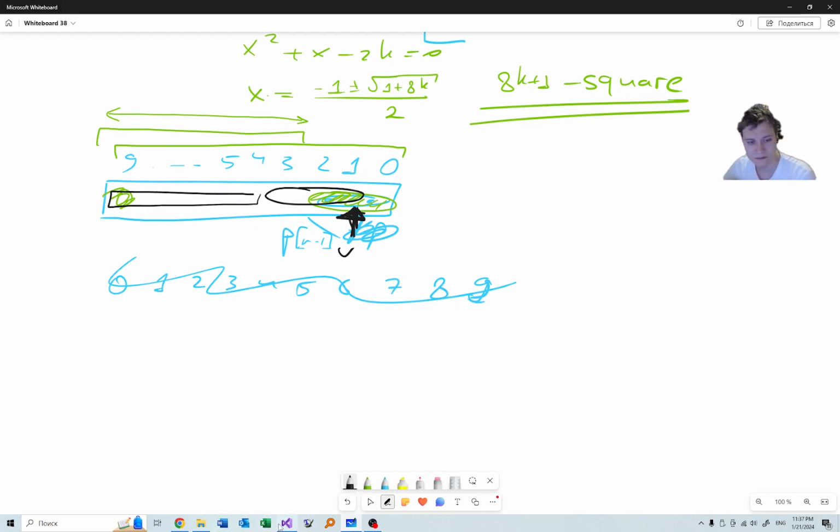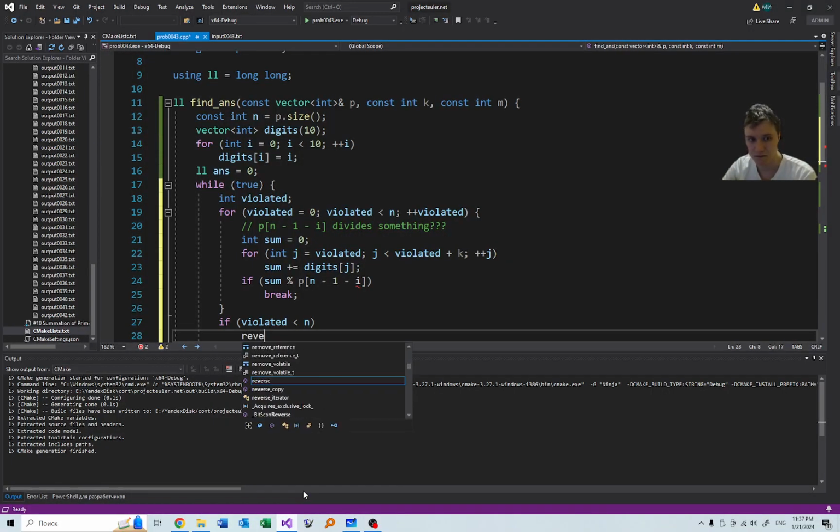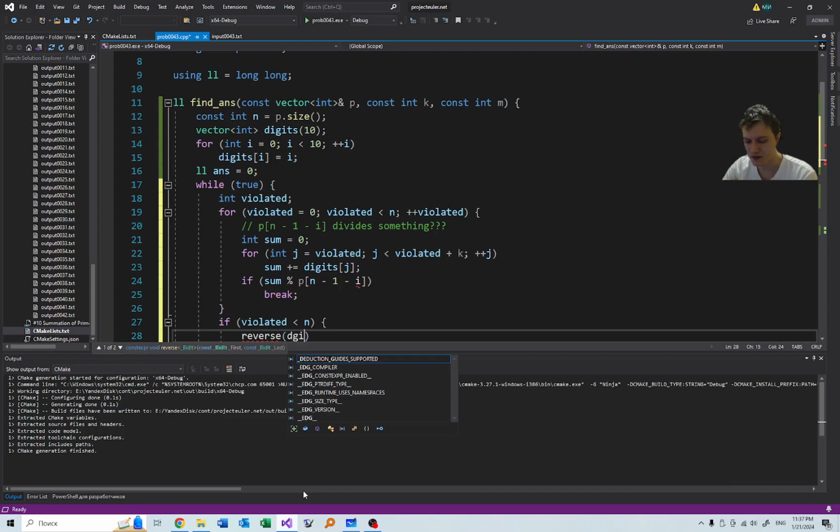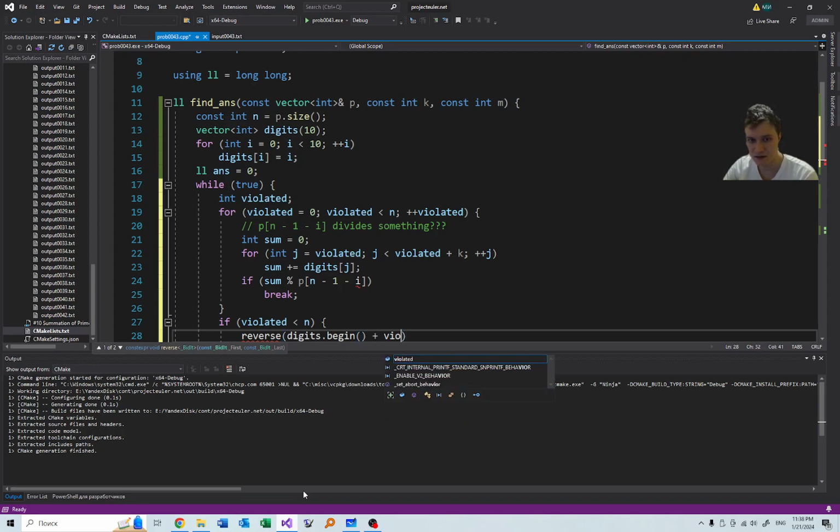reverse digits dot begin plus violated plus k and digits dot end.